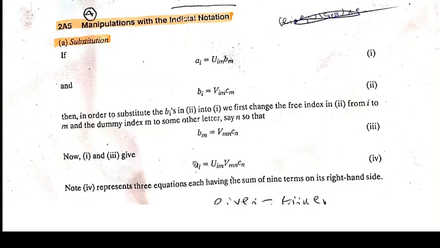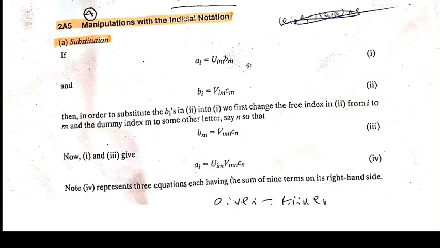If we have two equations in the form of indicial notation, then how can we use one equation in another equation? Simply as you do in your algebraic equations. While dealing with algebraic equations, you usually use the value of one variable in another. Here we will have to use one equation in another while we have these equations in indicial notation.